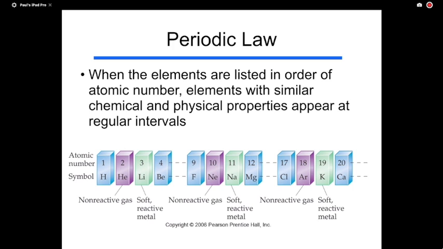There's a couple places. If you take a look at cobalt number 27 and nickel number 28, cobalt weighs 58.9 and nickel weighs 58.7. Do you see the cobalt is heavier than the nickel? And that's because of differences in neutrons.